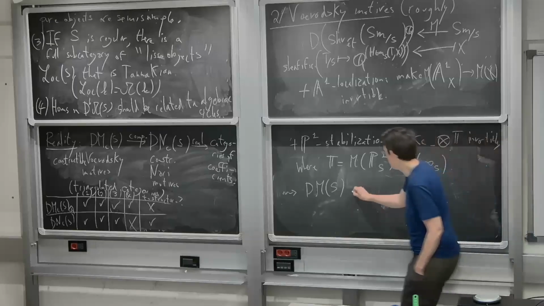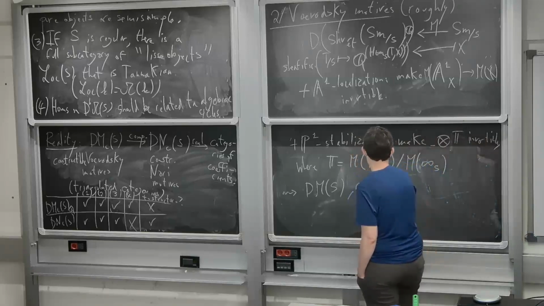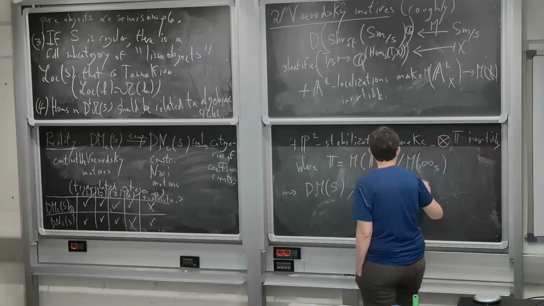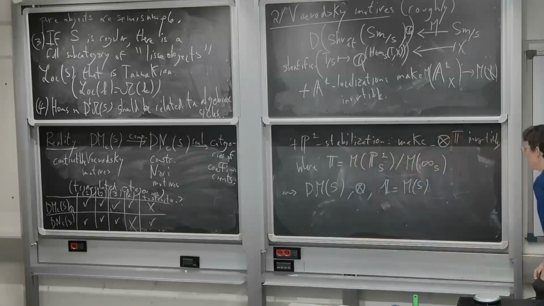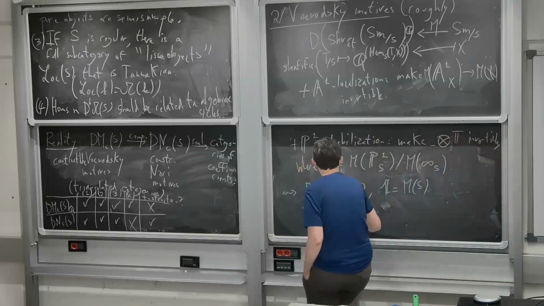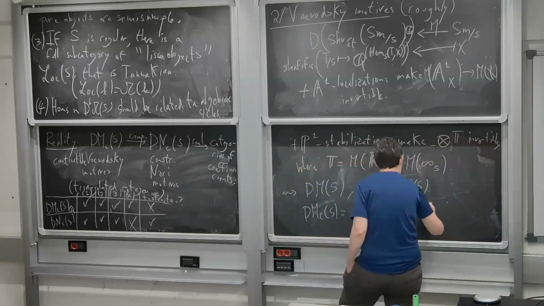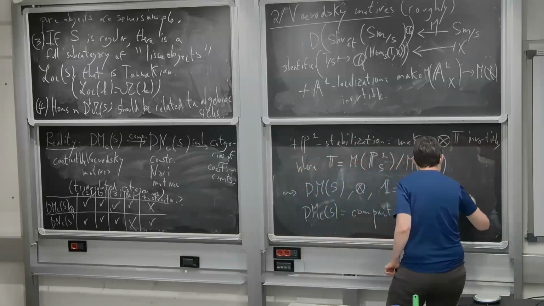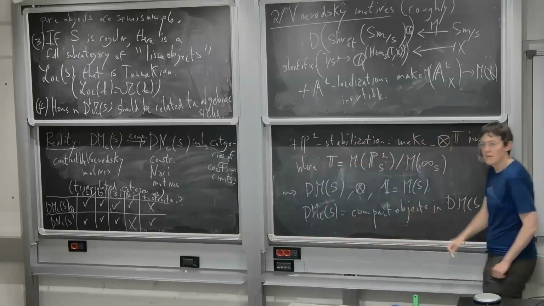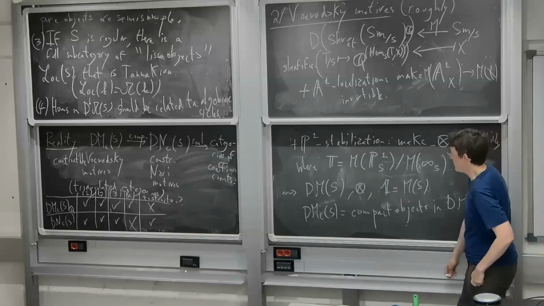It comes with the tensor product, it comes with this unit object, which is the M of S. And DM_c of S is a subcategory of compact objects.